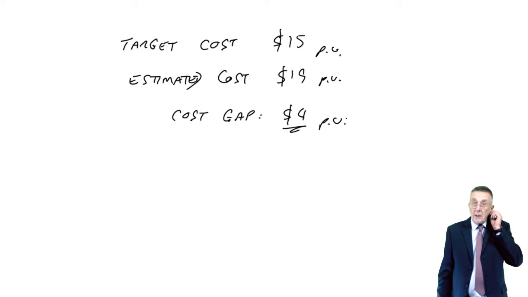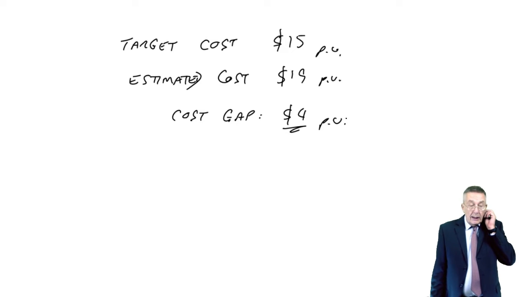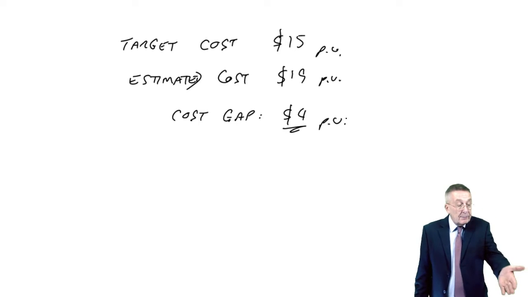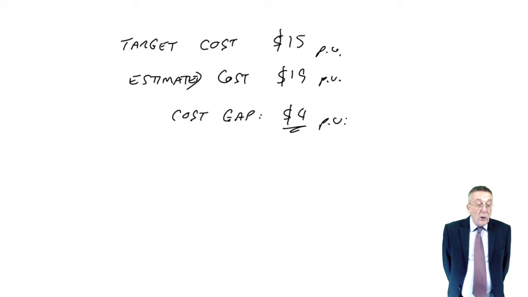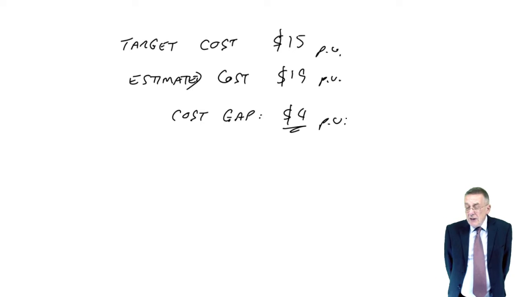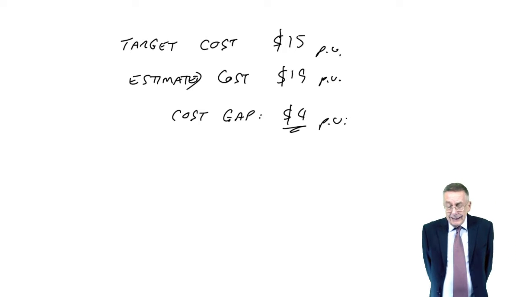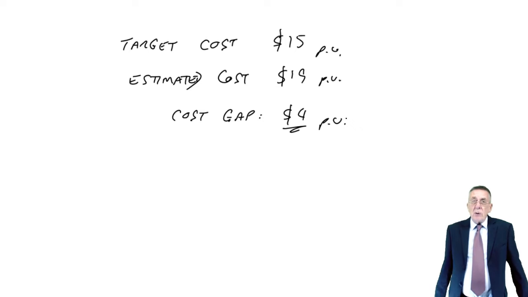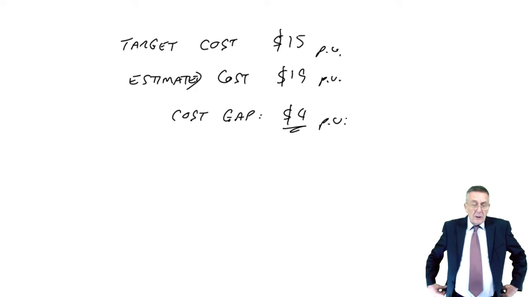And the question is what we're going to do about it. And so, number 4, possible ways of attempting to close that cost gap. What can we do to achieve what we want, make the product profitable?